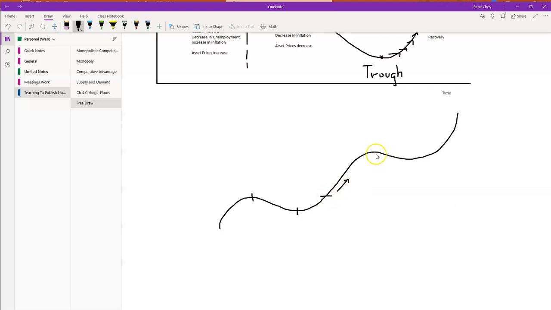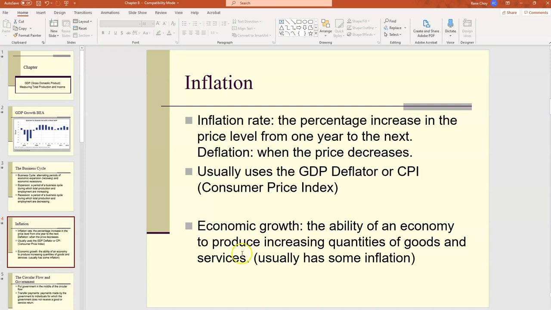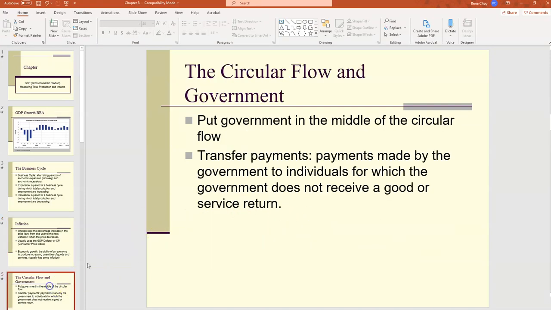Then you have another downturn, but eventually you recover and you expand. Okay? So what we're looking for over time, with the understanding that there are ups and downs, is an overall growing trend. Alright, and that's what we call economic growth.